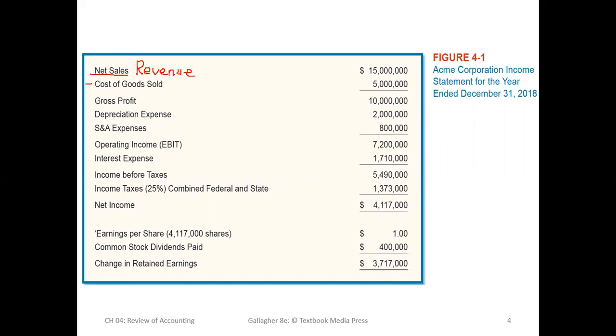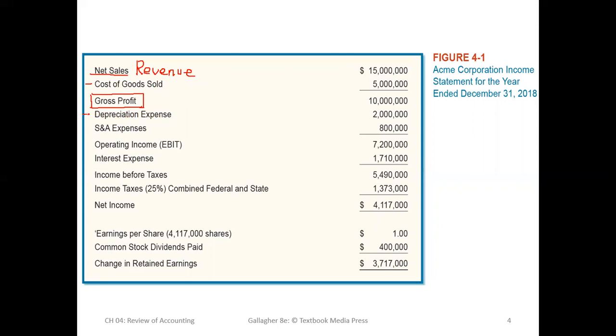Total revenue minus cost of goods sold gives you your gross profit. The gross profit is the first item you need to look at. The company's gross profit is your total revenue minus your direct cost. And then you subtract your depreciation and amortization.